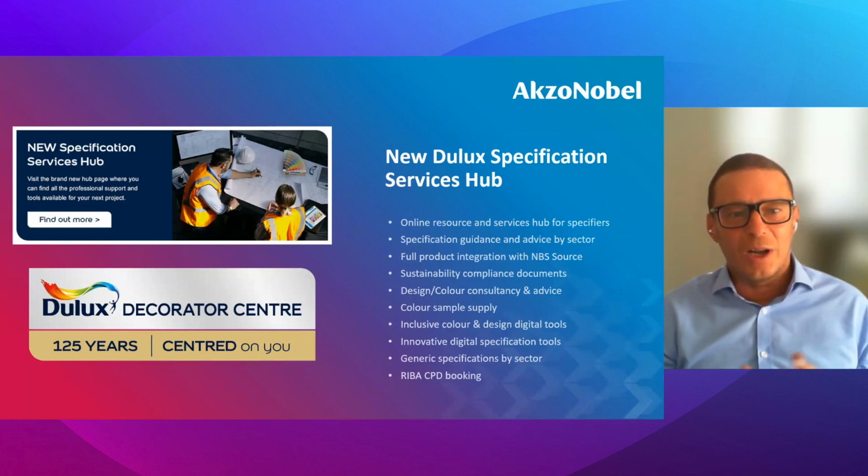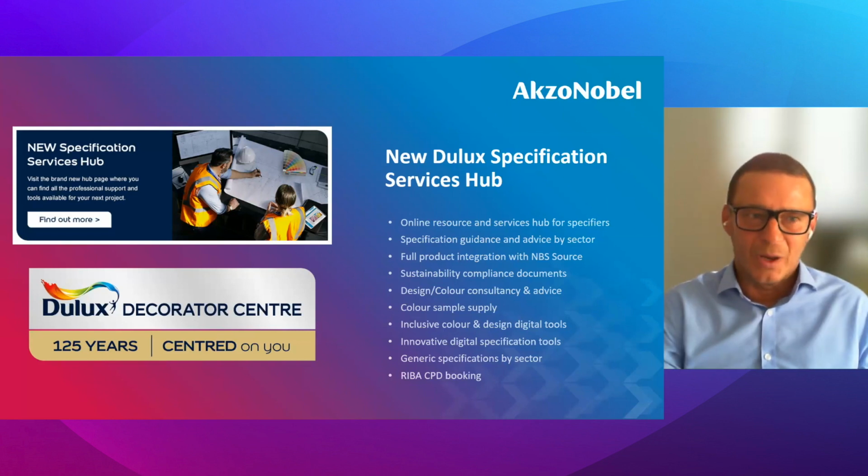Inclusive colour and design digital tools to really help designers build those specifications. Innovative digital specification tools. So again, just helping all specifiers create really robust specifications. And we also have generic MBS specifications by sector. And there is also a facility to view our REBA CPDs and go ahead and book them.